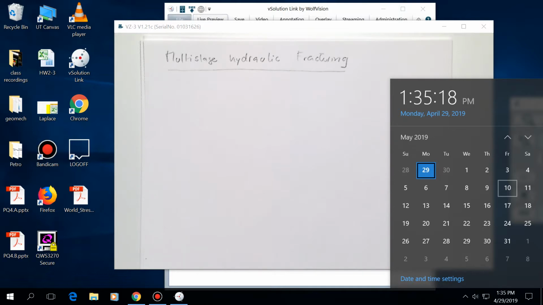You have to know how to calculate vertical stresses and horizontal stresses, something we have done before, but now applied to this.